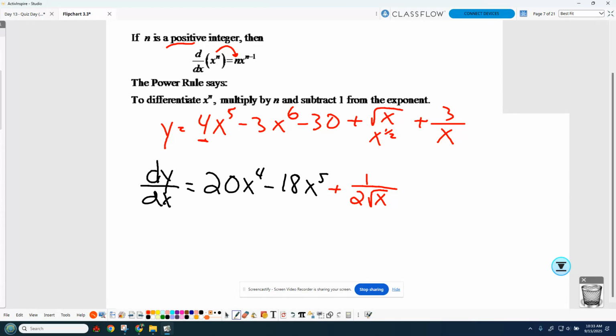Multiply by the power, and then lower the power from negative 1 to negative 2. Be careful how you do that. The 1 was in the denominator. It is a negative 1, but I just don't want you to write negative 2 there because that then moves it back up top.